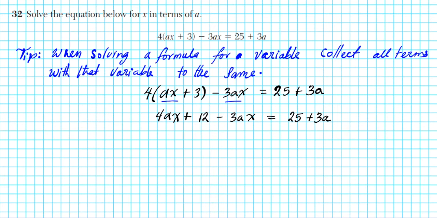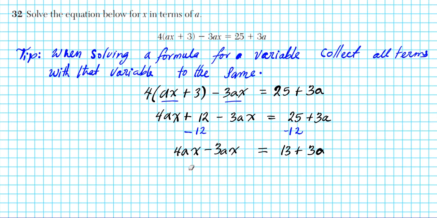Now let's move the 12 over to the right side. This can be accomplished by subtracting 12 from both sides of the equation. And now we have 4ax minus 3ax equals 25 minus 12, which is 13, plus 3a.